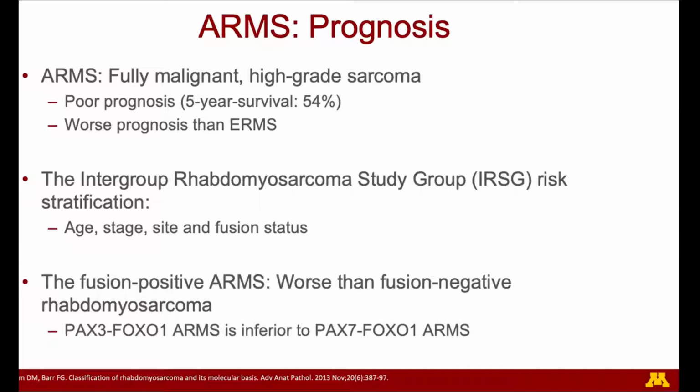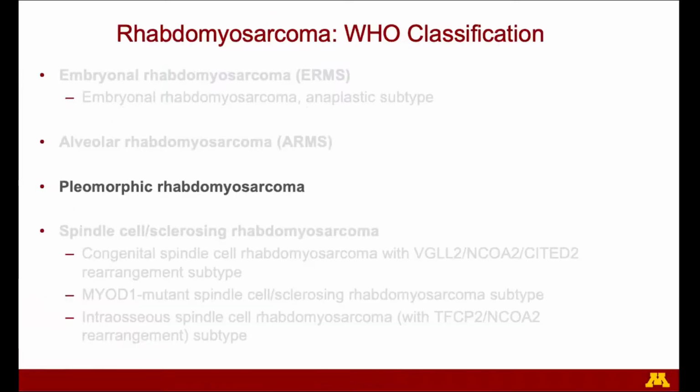The IRSG risk stratification is based on the stage, age, location, and fusion status of alveolar rhabdomyosarcomas. Importantly, the fusion-positive alveolar rhabdos do have worse prognosis than fusion negatives, and PAX3-FOXO1 fusion has an inferior outcome compared to PAX7-FOXO1 fusions in alveolar rhabdomyosarcomas.